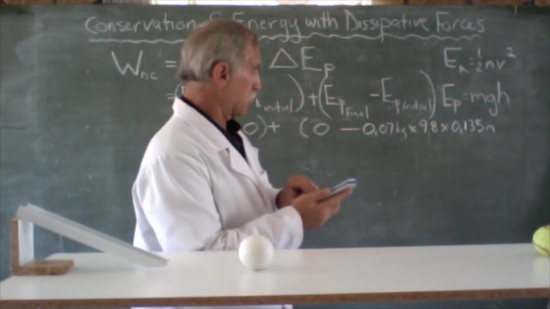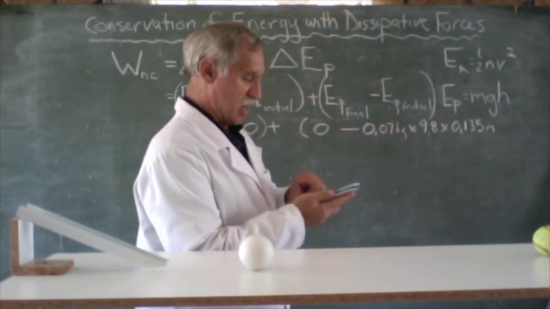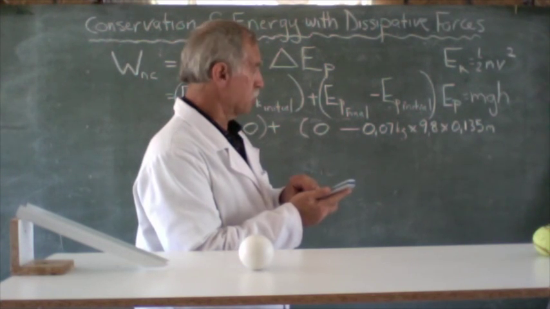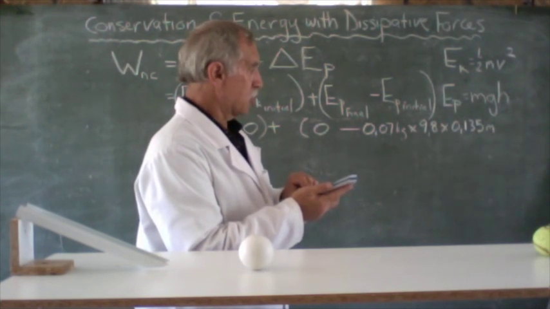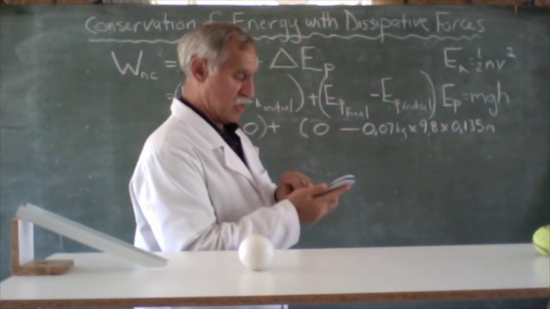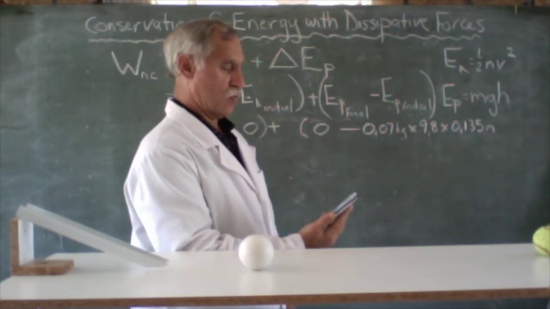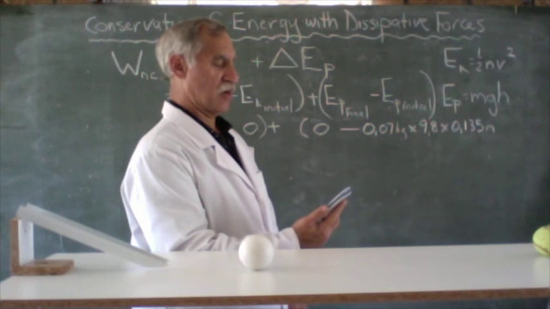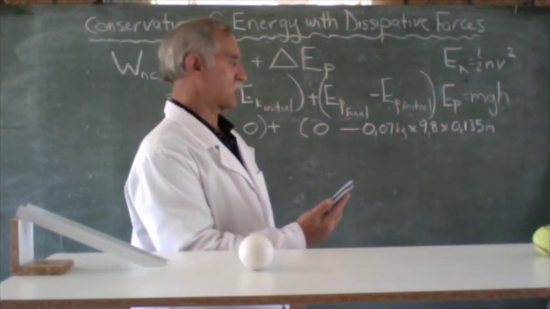So, multiplying that all together, we've got 0.07 times 9.8 times 0.135 equals, and we get 0.0926.